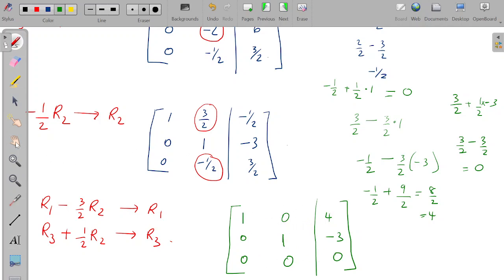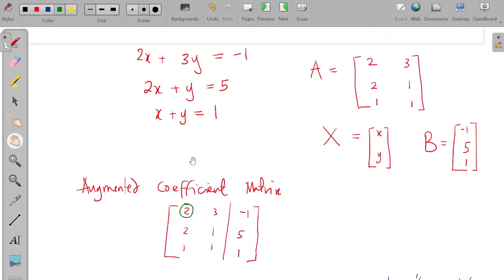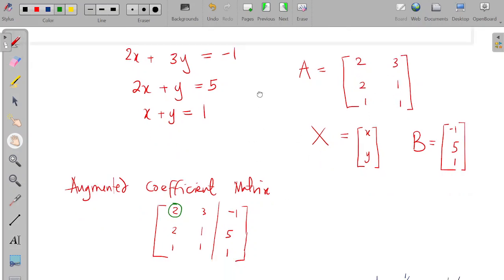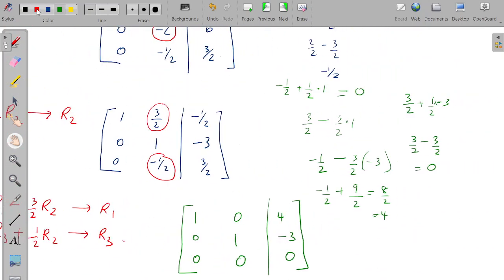Now, if you look at what we have before, we make this to be in this form. This column is for x. They are all x, x, x, x. This is 2x, 2x, 1x. So this column is for x, while this column is for y. In our reduced matrix, this column is for x and this column is for y.